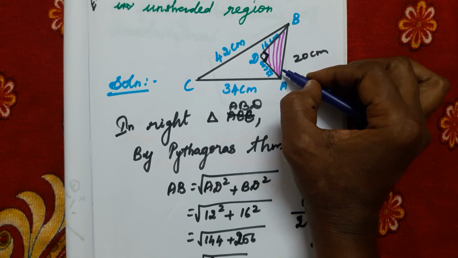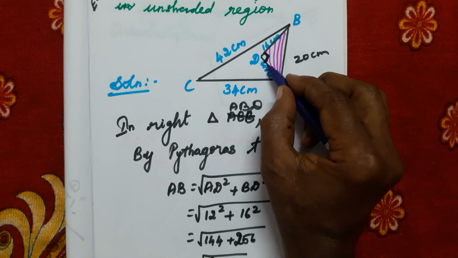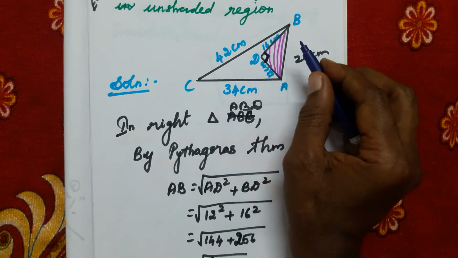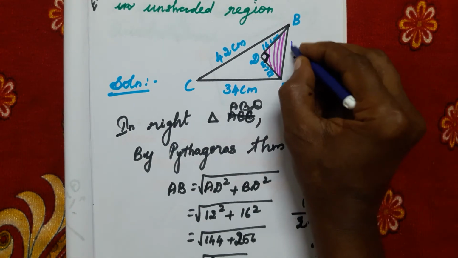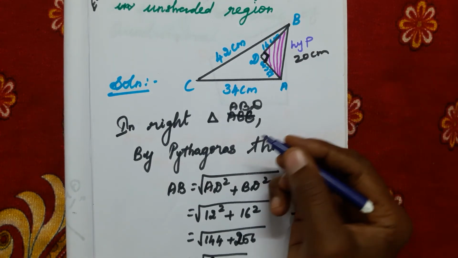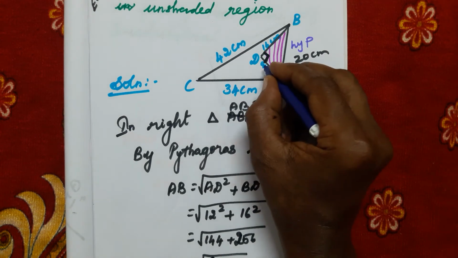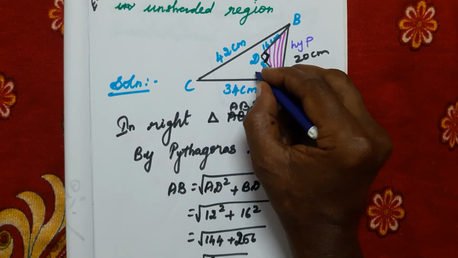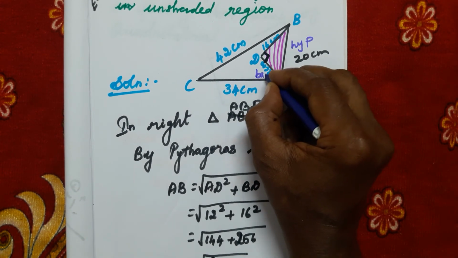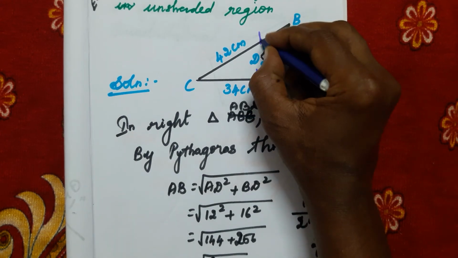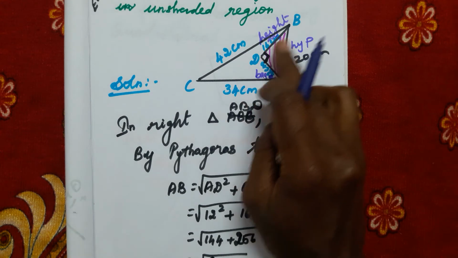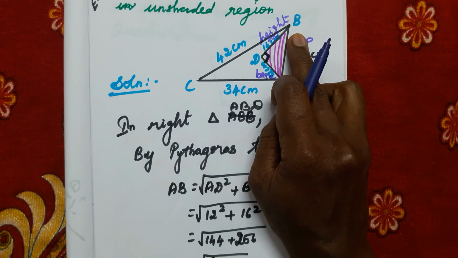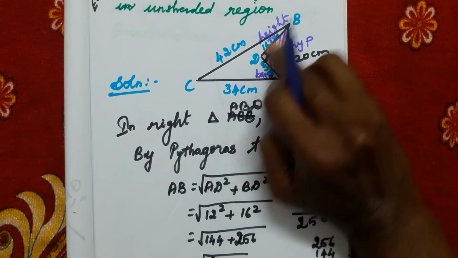ABD is a right triangle, and this is the hypotenuse. Any one of the other two sides you can take as base, and the other you can take as height. Clear? This is base, this is height.